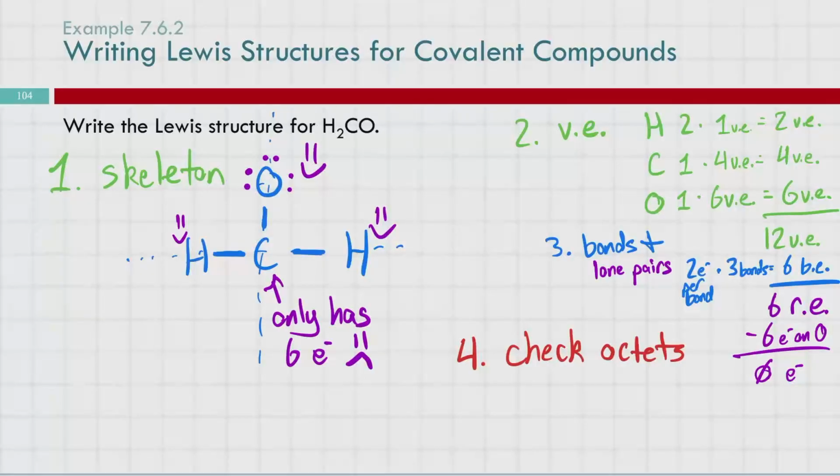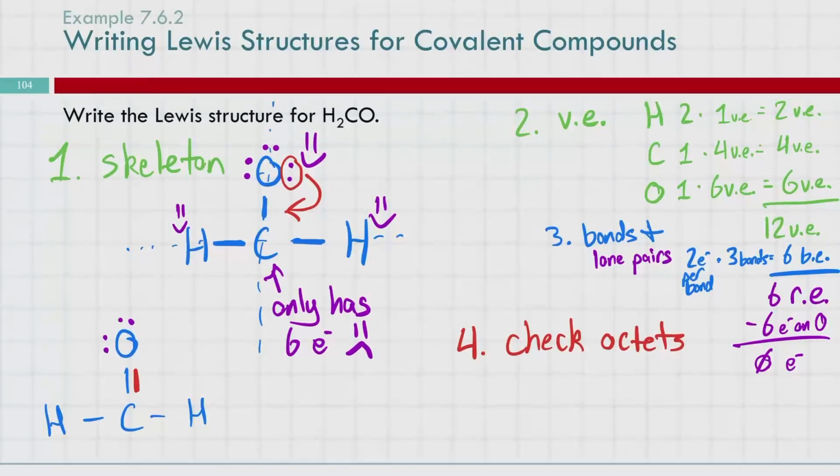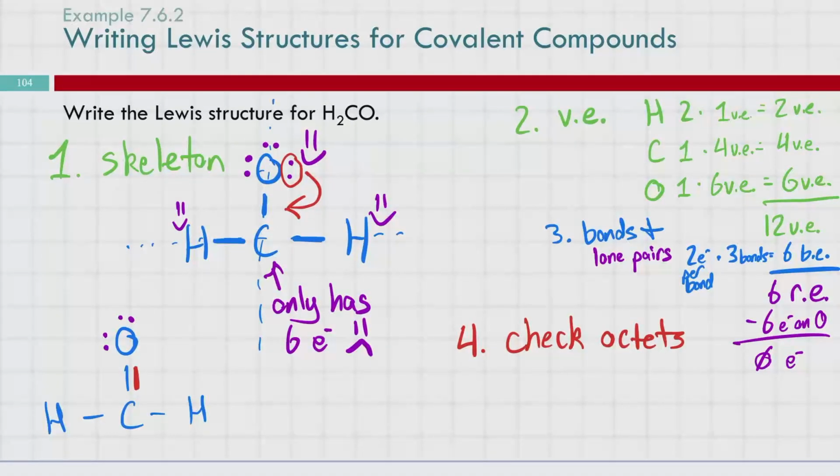We can add another bond to carbon and oxygen. We can share. So we can take one of these and put it in to make it a double bond. And what that turns into is this and that. And because these electrons are still in the bond, oxygen still has access to them.